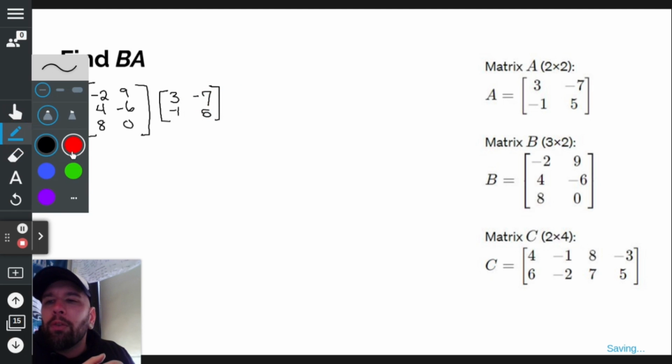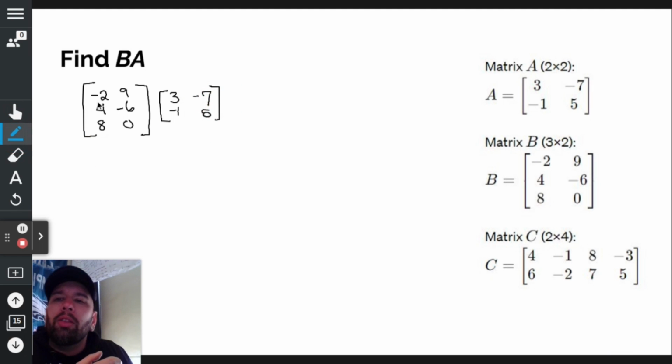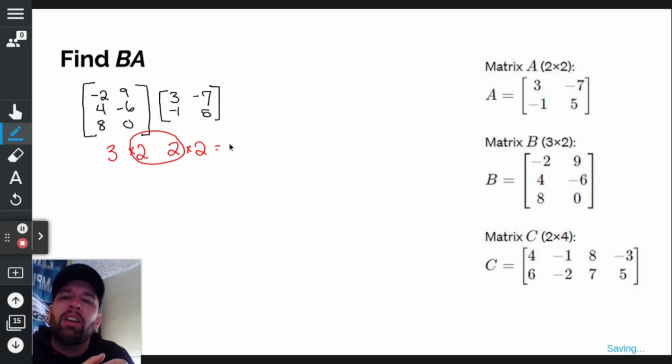Now, before we go any further, we need to make sure we can do this. This is 3 rows, 2 columns. This is 2 rows, 2 columns. We can do it, and we're going to end up with a 3 by 2 when we're done.